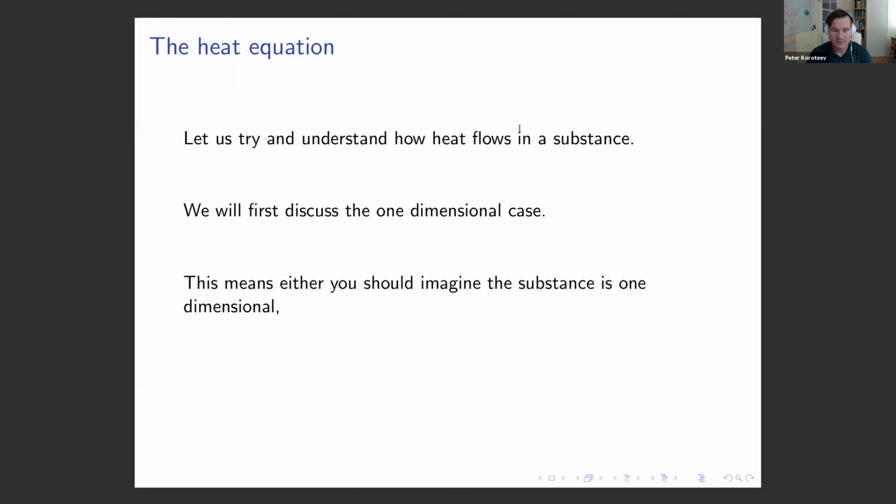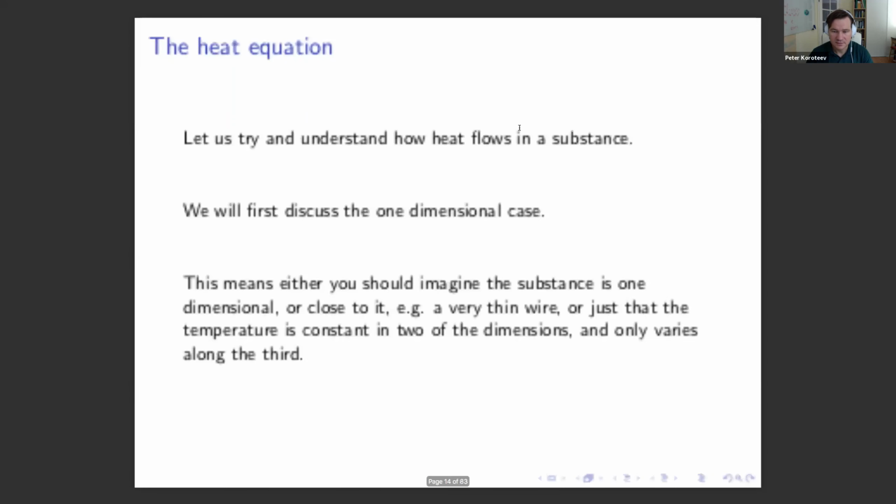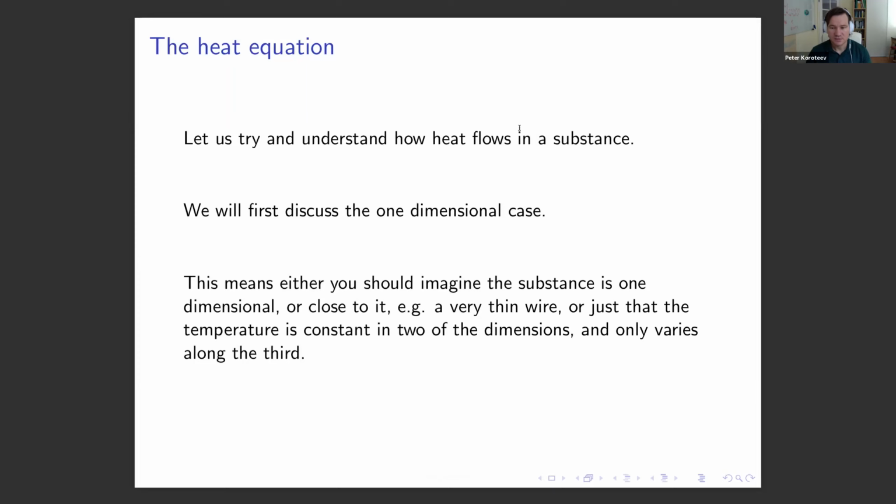It means that either you should imagine the substance is one-dimensional or close to it, so a very thin wire or very thin beam, or just the temperature is constant in two other directions, so it only varies in one of them. And we'll moreover imagine that the material in question is uniform, so its properties are the same everywhere in the material.